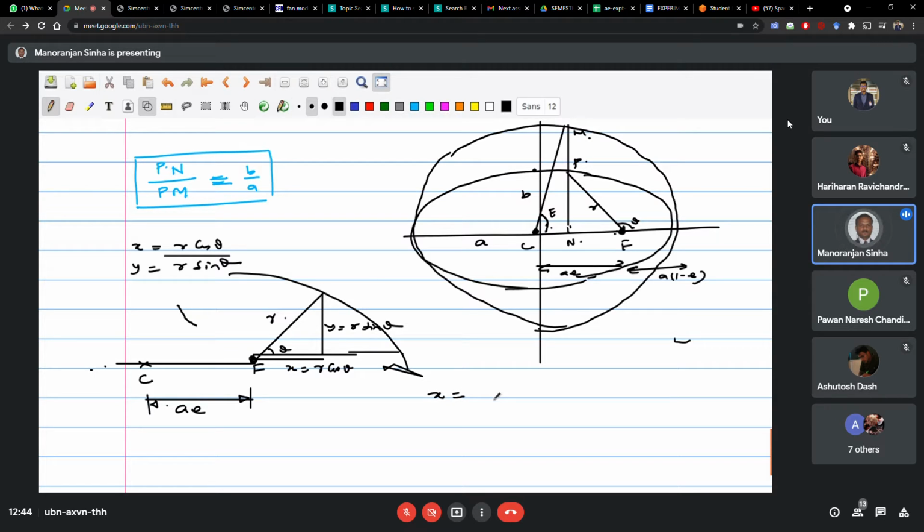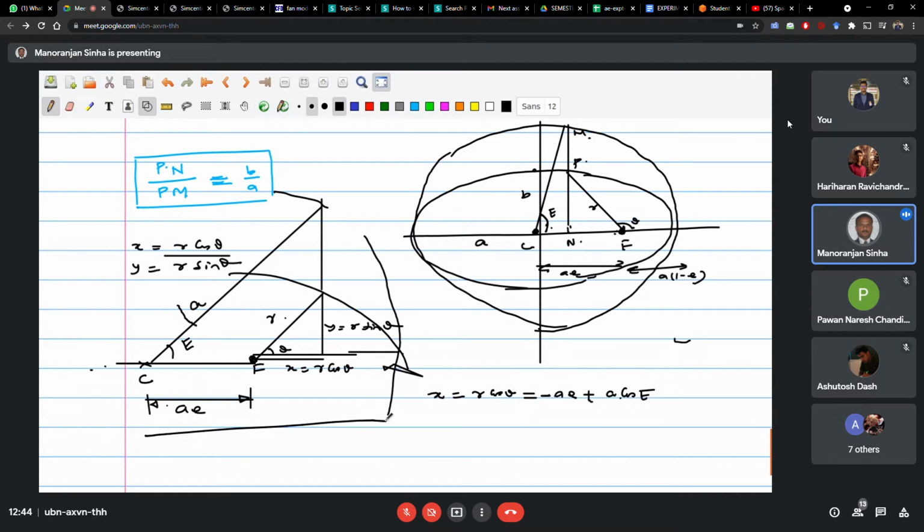So then x can also be written as x equals r cos theta equals ae with a minus sign. What we do here, we write with a minus sign and then plus. This we are raising, and this is going and cutting this auxiliary circle to which we are drawing this angle E, then this is a. So this is a cos E minus, what is a? a is this total from center to this position.